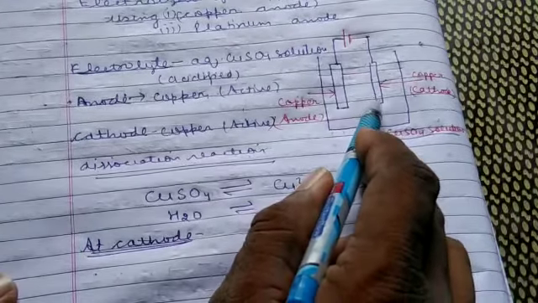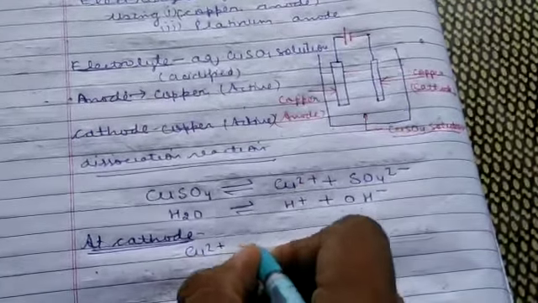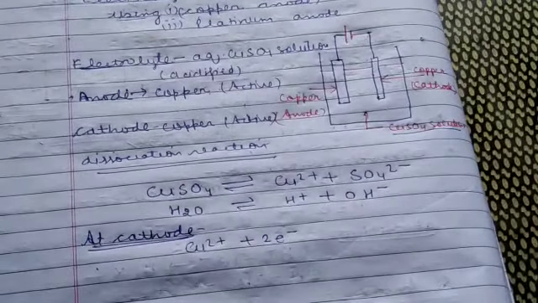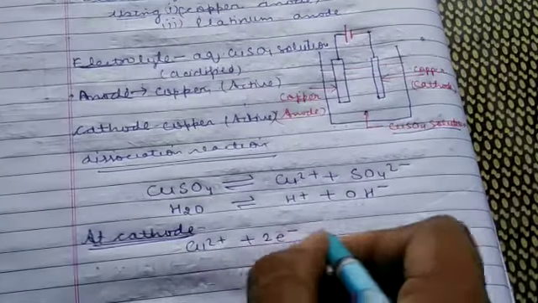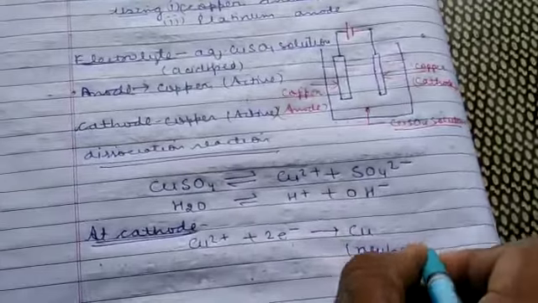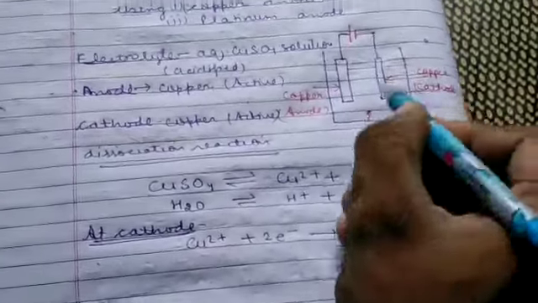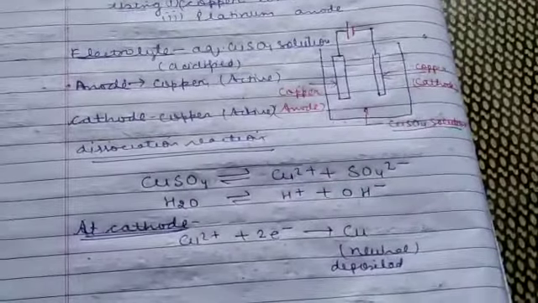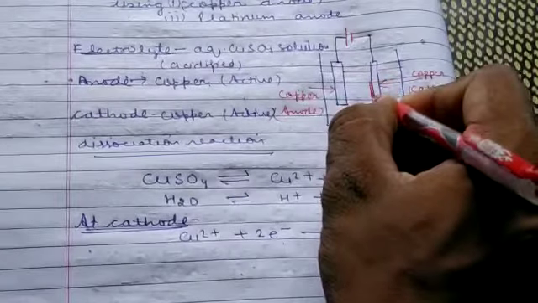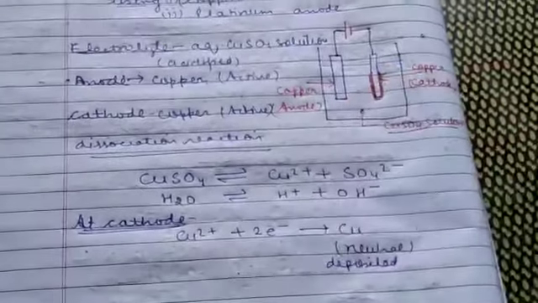Both copper and hydrogen ions will migrate, but copper ion will get discharged first as it lies below hydrogen in the electrochemical series, to form neutral copper and get deposited on this cathode, which is made up of copper. Here you will see that a brownish coating of copper will form.